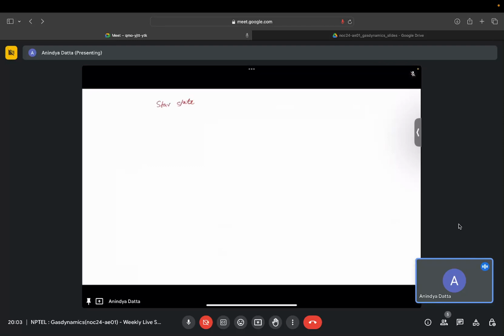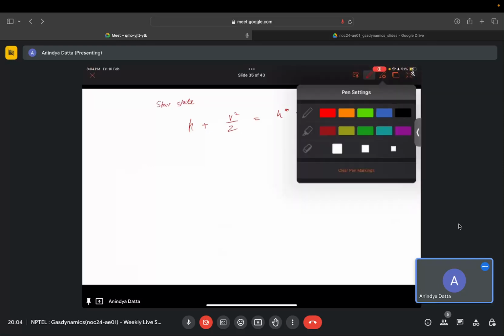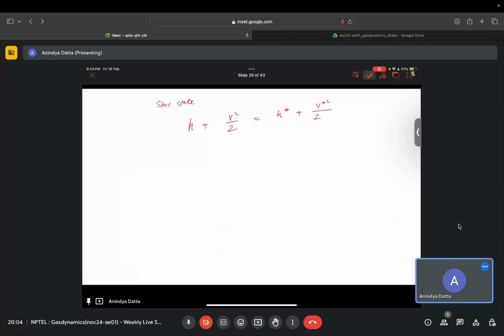Okay, so in the star state we have h star plus V star squared over 2. Now this V star is equal to the square root of gamma R T star. Let's write this in terms of temperature.